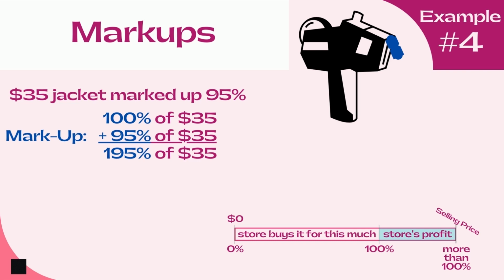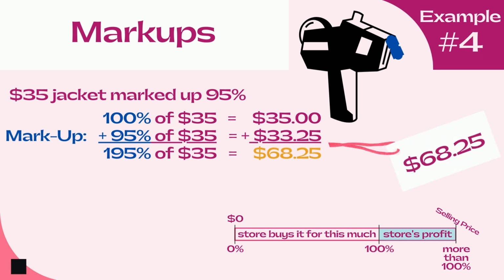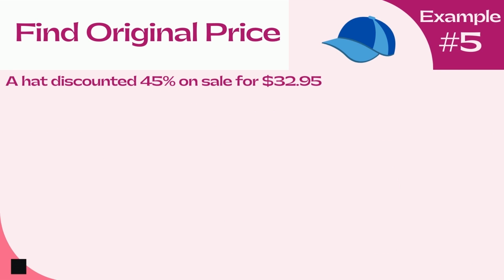So we could figure out 195% of 35, or we could add together 100% of 35, which is $35, plus 95% of 35, which is $33.25. Add those together for $68.25. That's what the price tag will say. Don't forget you're going to have to pay tax when you get up to the register. We won't figure that part out right now, though.